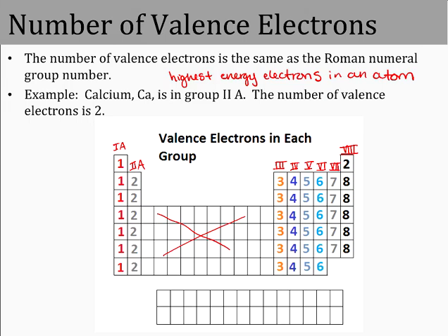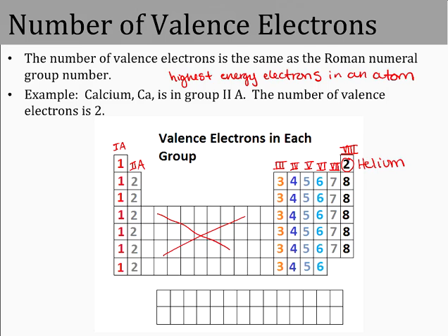So you'll notice that everything in group 1A has one valence electron. Everything in group 2A has two valence electrons. Everything in group 3A has three valence electrons, and so on and so forth. And then in group 8A, everything has 8 valence electrons except helium. So helium is our exception here.